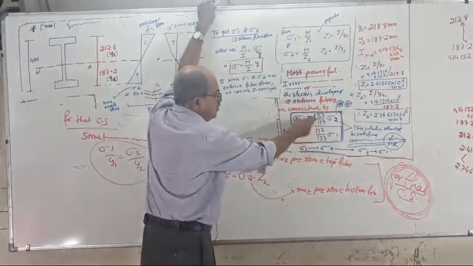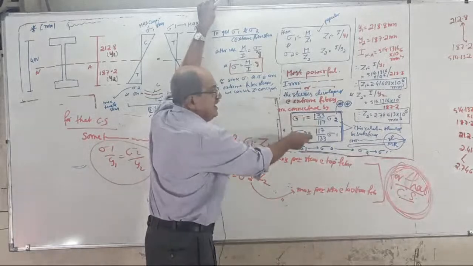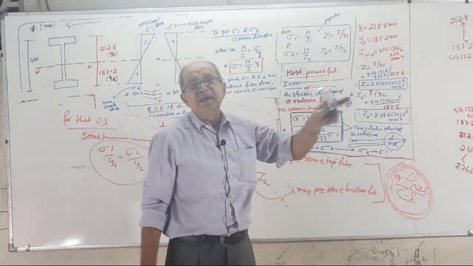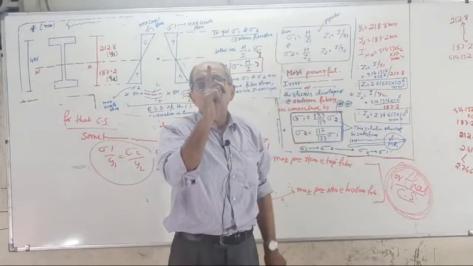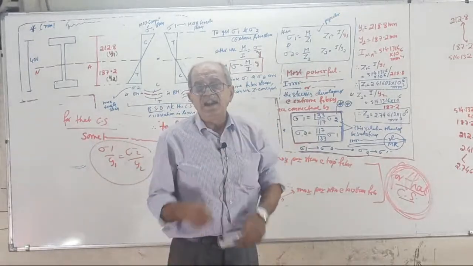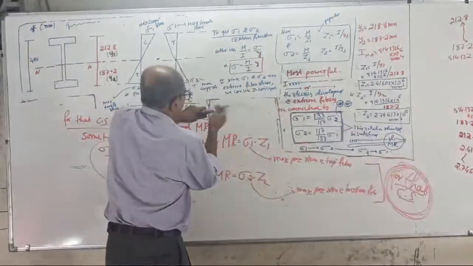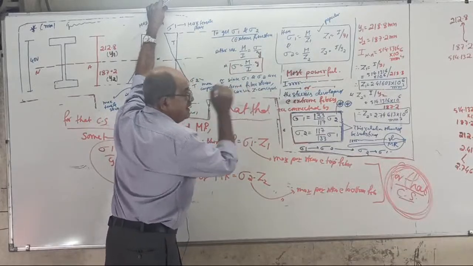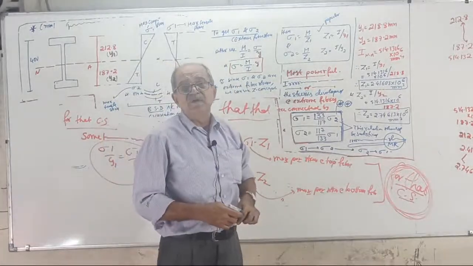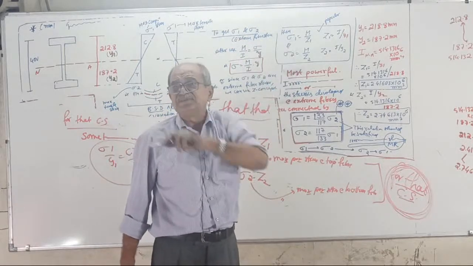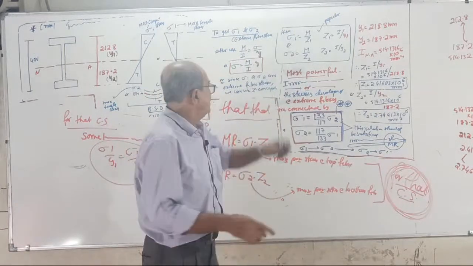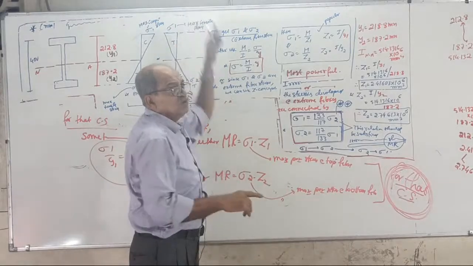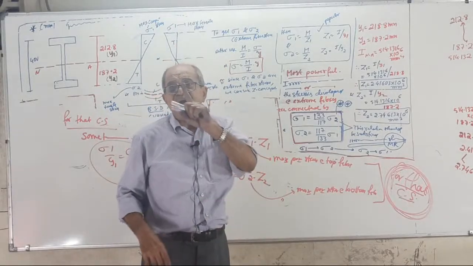These both are same. This will give you, if the stress reaches a particular value at one of the fibers, then at that time how much stress is developed at the other side fiber. So therefore, when you want to find MR, you should correctly observe.